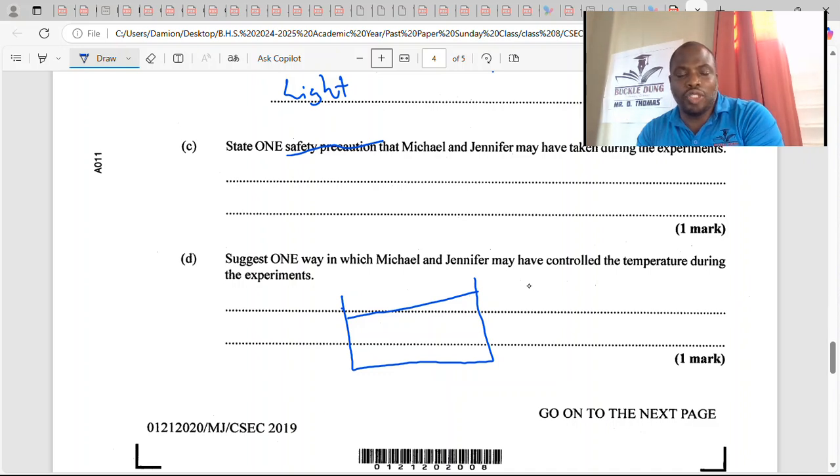Even if the temperature around changes, it doesn't directly affect the contents of your experiment right away, because it takes a while for the temperature of water to adjust. So usually when we're talking about controlling temperature, what persons do is use a water bath. Cool?